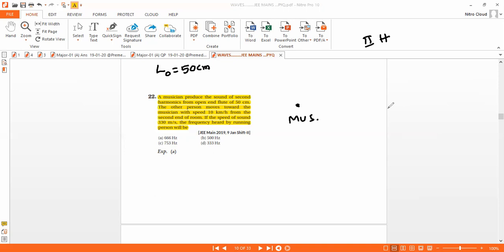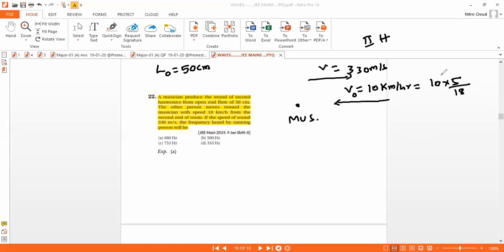The other person moves towards the musician with a speed, suppose V naught, that is observer speed, is 10 kilometer per hour. The speed of sound is 330 meter per second. So firstly, I'll convert this into meter per second. 10 into 5 by 18, that is 25 by 9 meter per second.